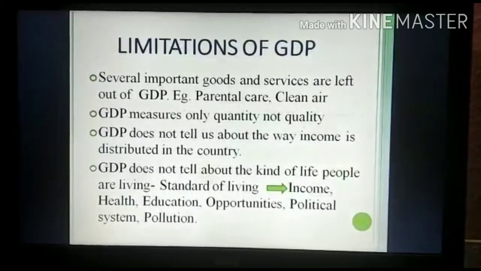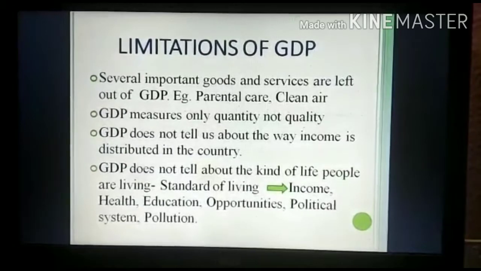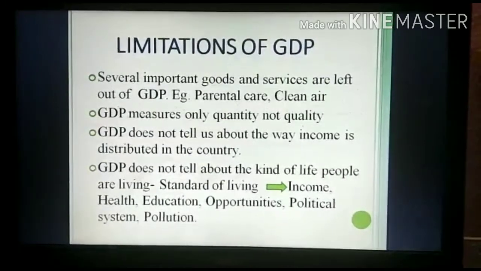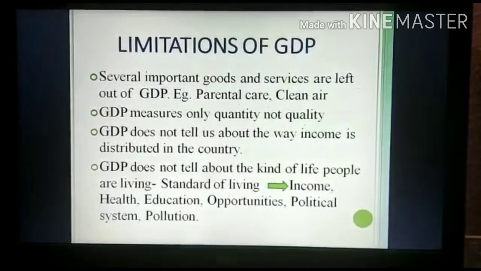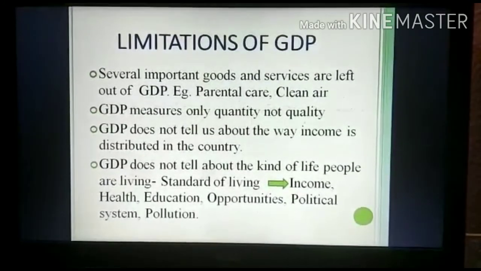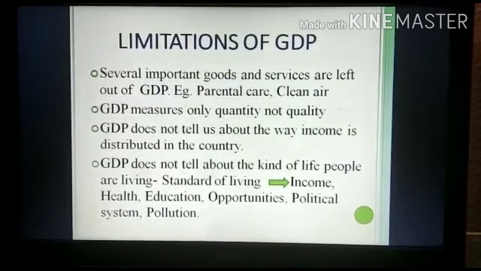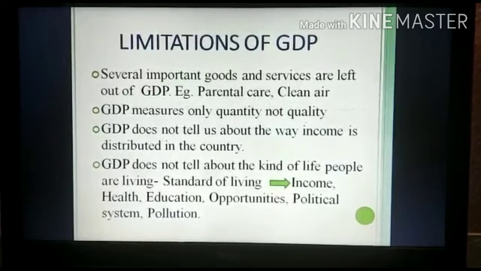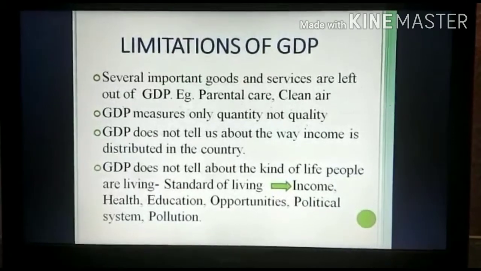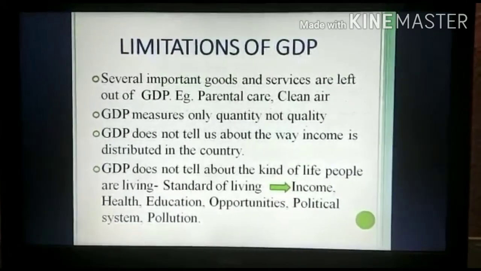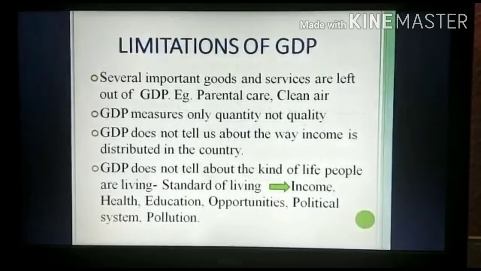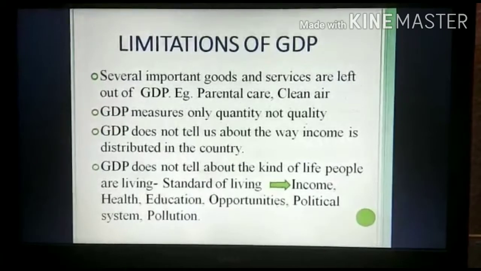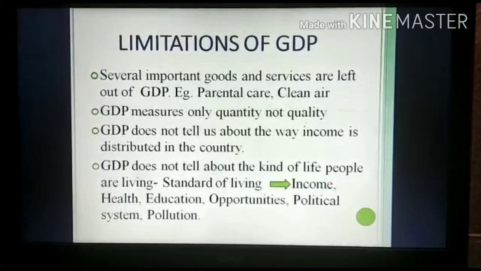While we are adding the GDP value, we are considering the quantity, that is, how much we produced in the economy, and we are not bothering about the quality of our product. Generally, when we talk about quality, we want to compare our products with international countries, but quality-wise we are lacking. So GDP measures only the quantity of the goods and services and not the quality of the products.